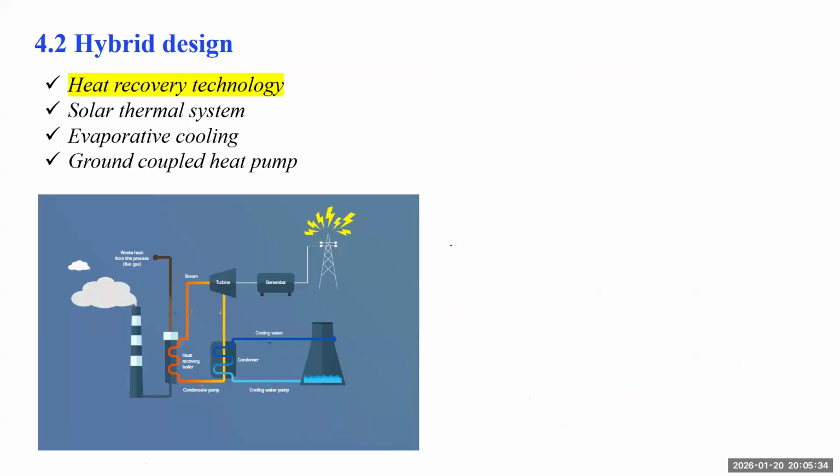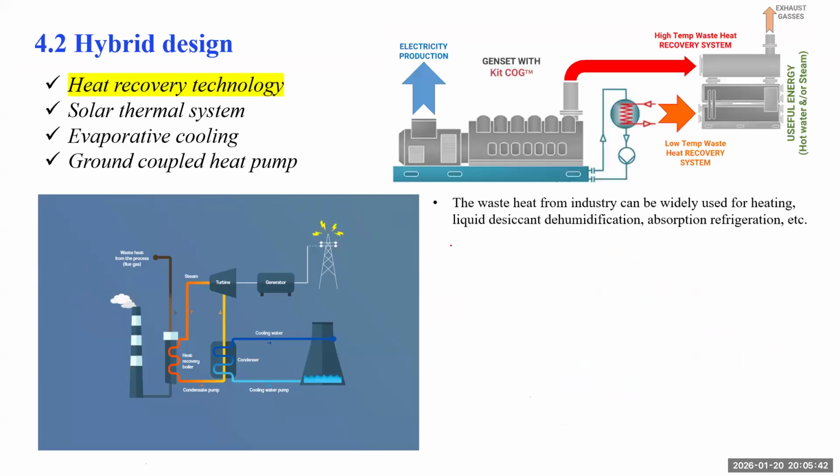So hybrid design combines active and passive. Heat recovery technology is very popular because there is lots of waste heat from our power plants and industry processes. So making use of waste heat is very important.